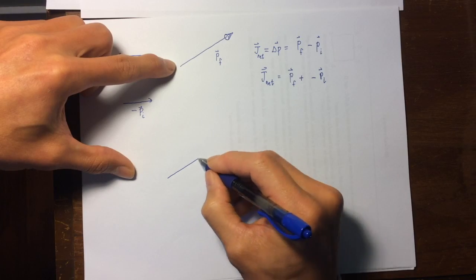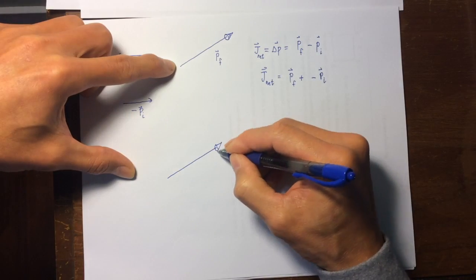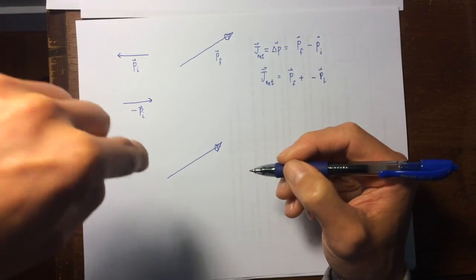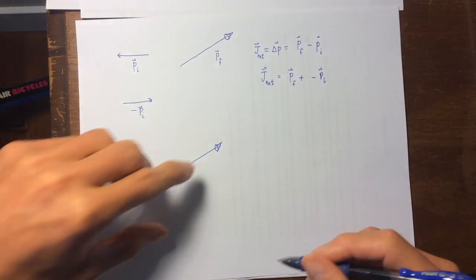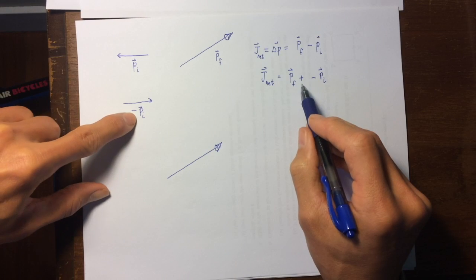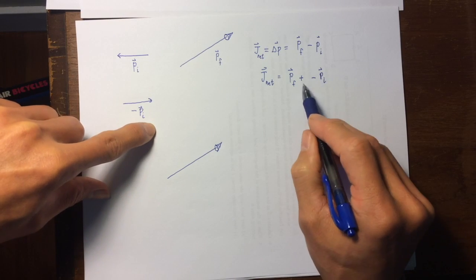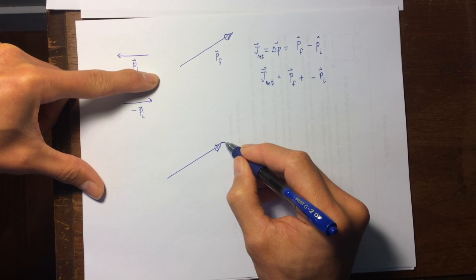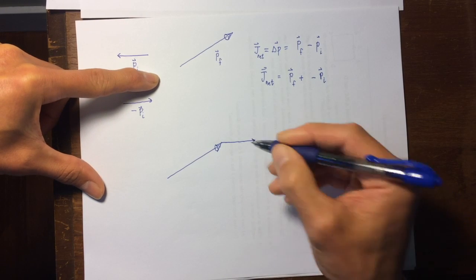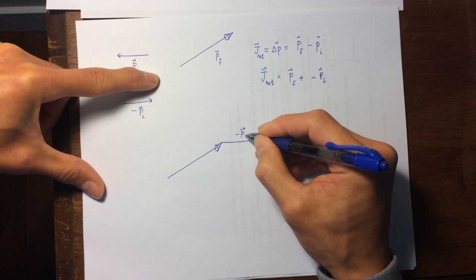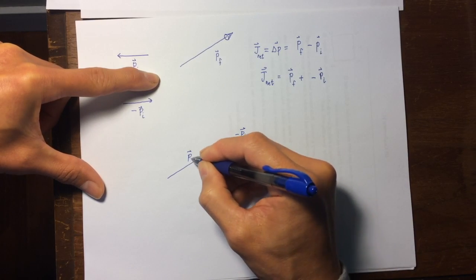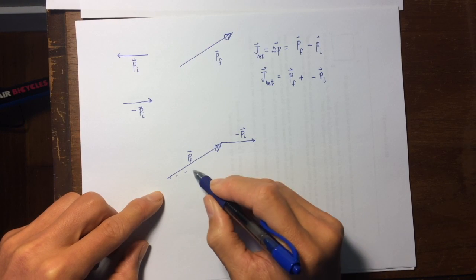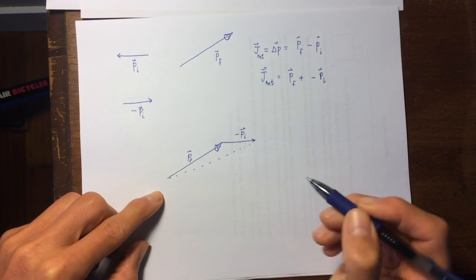Let me redraw it. There it is. It's up, in, and rightward. And then I add on negative pi. I don't add on pi, I add on negative pi. So when I add, this is the tip to tail method of adding on minus pi. This is pf. The sum is this dashed line.